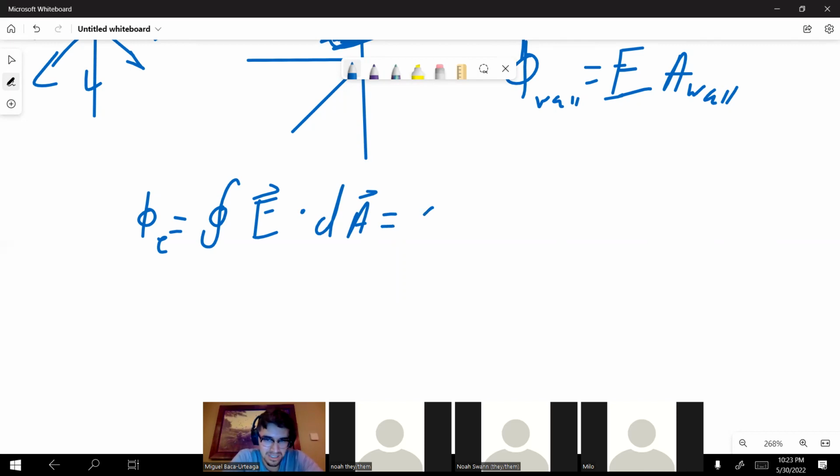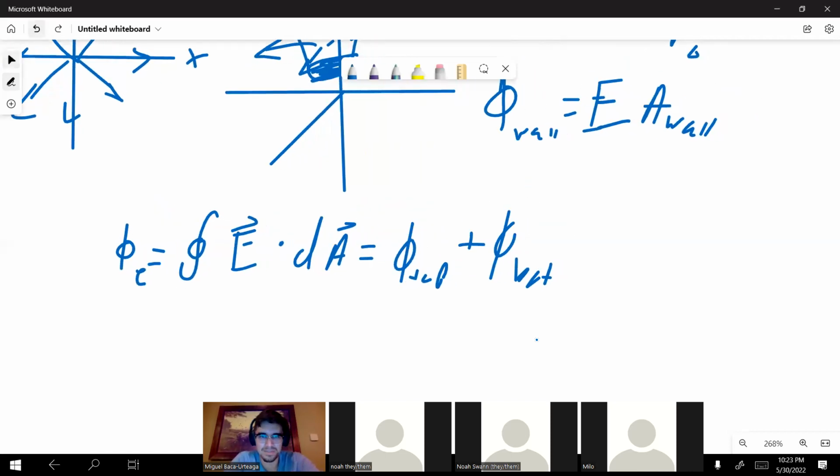And this is essentially equal to the flux of the top plus the flux of the bottom, I'm just going to write bot for bottom, plus the flux of the wall.